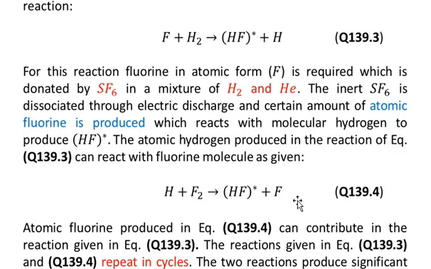And this fluorine can again be used as in equation number 3. And the hydrogen produced in equation number 3 can be used as in equation number 4. So this is a cyclic process.